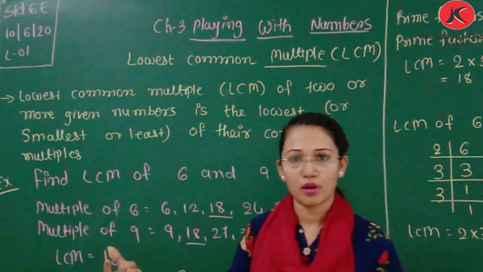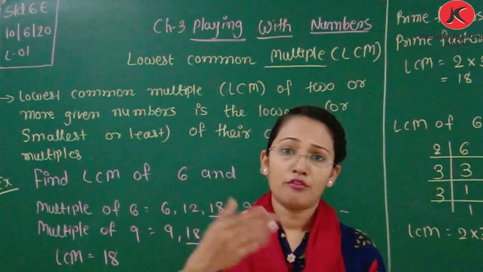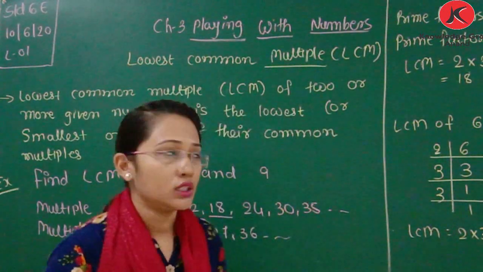Write down all multiples of the first number, then all multiples of the second number, and we write the common numbers between them.